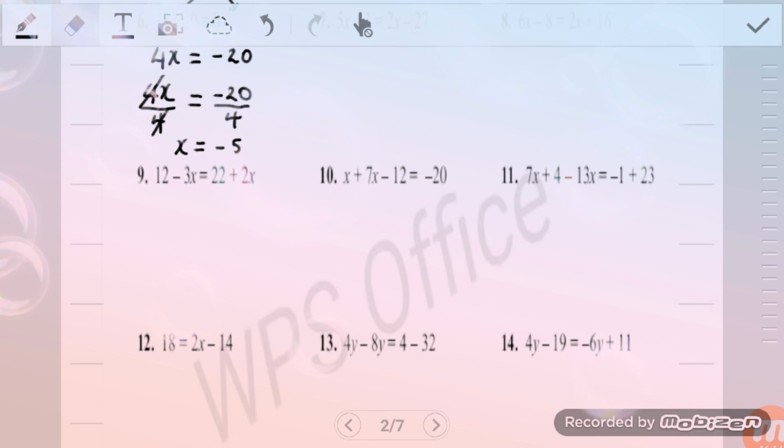And like I said, nothing is wrong with having a negative coefficient. But if you want your process to getting to your answer a lot easier and less complicated, you always want to remember to transpose to the side that contains the larger coefficient. Now, why is that so important for you to follow?